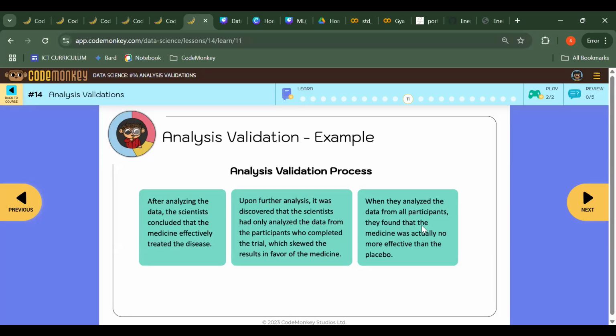In this case, the initial result for the medicine was wrong because they didn't include all the information in their analysis. They studied only a few of the sick people. So we have to be careful with the analysis.